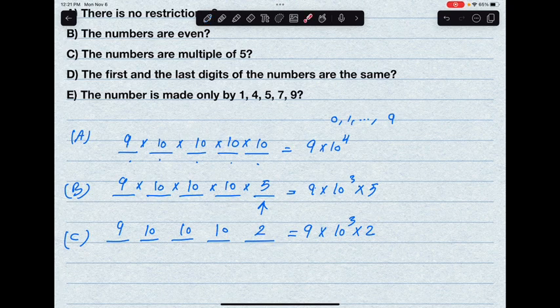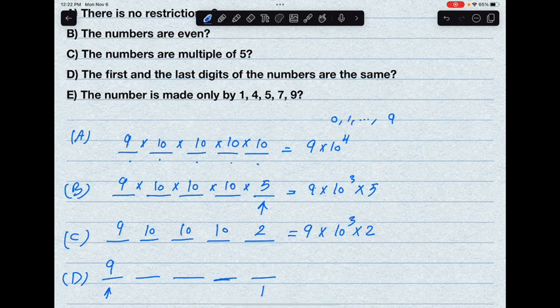So what about part D? Part D says the first and the last digits of the number are the same. For the first digit, the left one, we have 9 choices, 1 to 9.